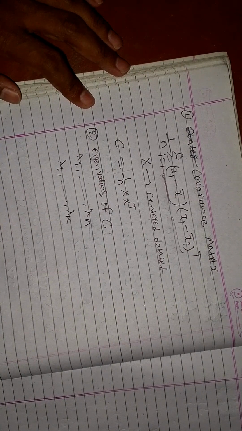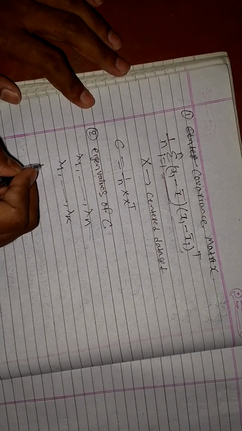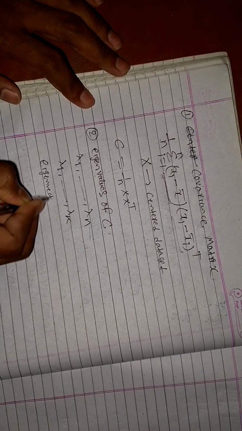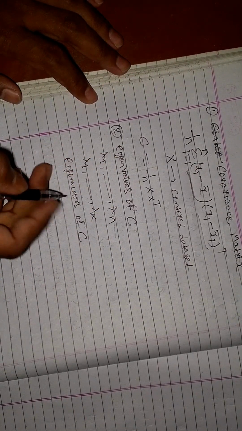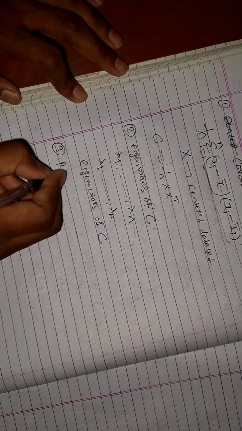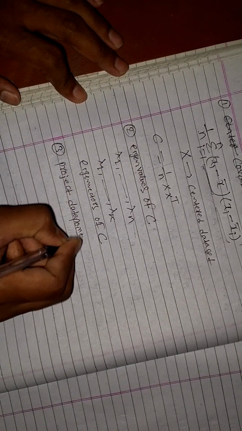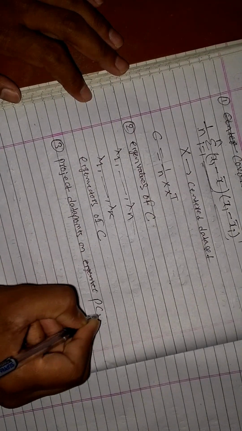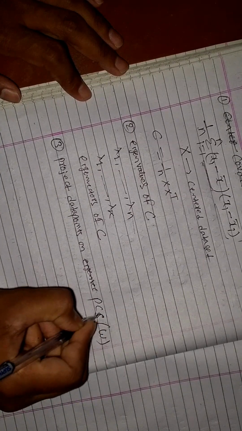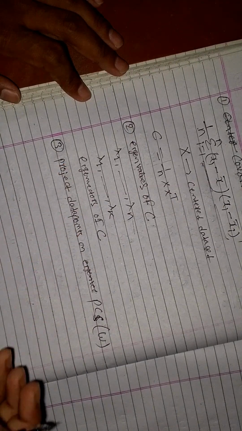In the same order, we're going to pick up the eigenvectors of C. So you calculate the eigenvalues and eigenvectors of C, and the third step is to project the data points on the eigenvectors, the principal components, PCs W. The principal components are the eigenvectors of C. So project the data points on the principal components, and that's it.